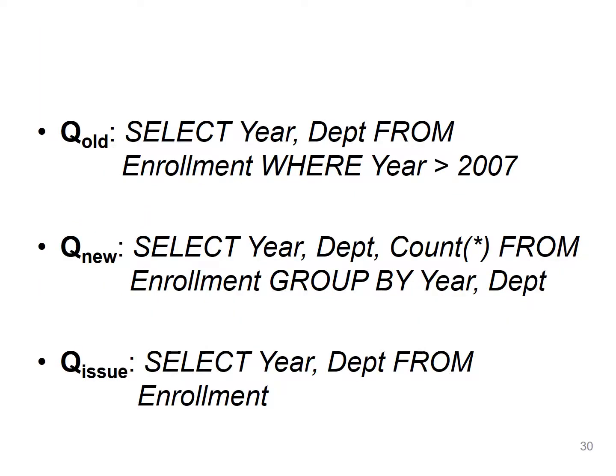For example, if the original query was a select query with this particular where clause, and the new query issued was an aggregation query but with no where clause, we would issue a select query with no where clause, so that we could essentially show aggregation for the Q new query from this Q issue query, which wouldn't have been possible if we used the result from the Q old query.